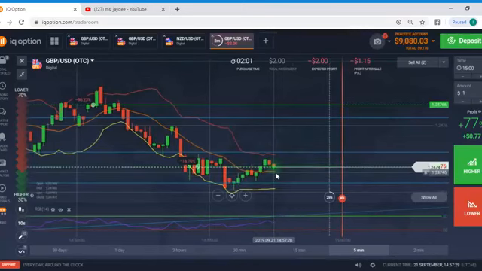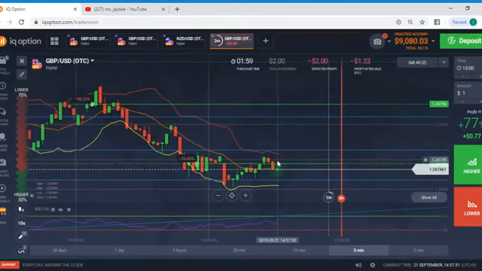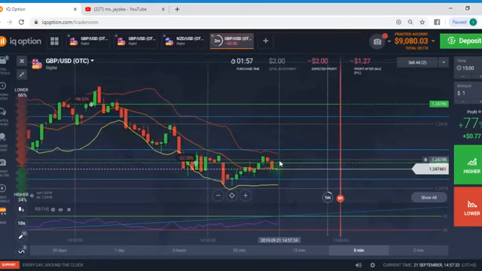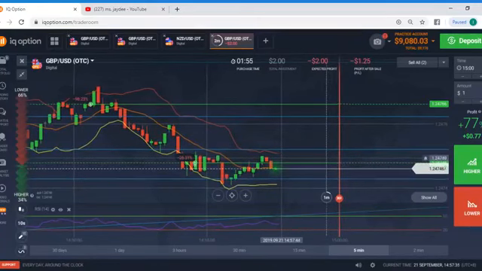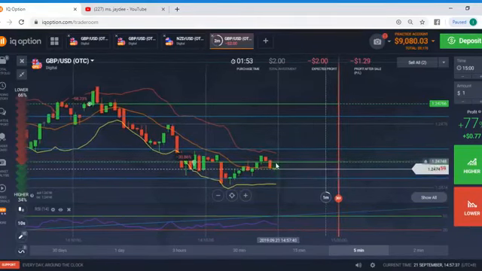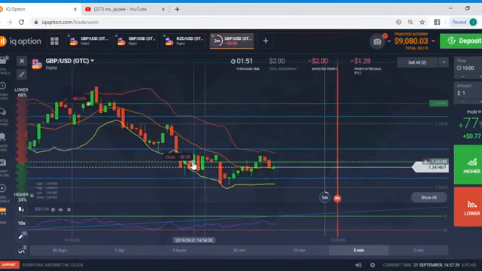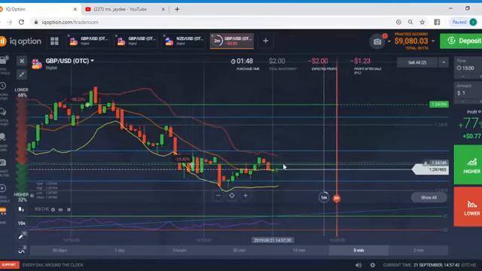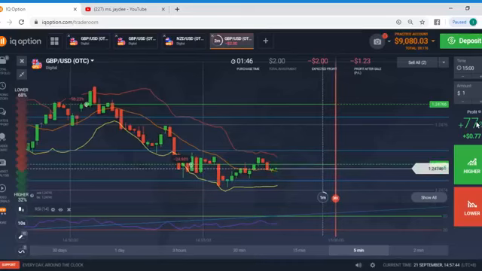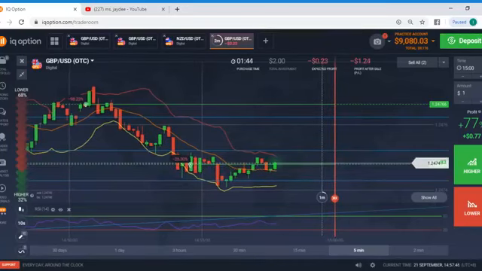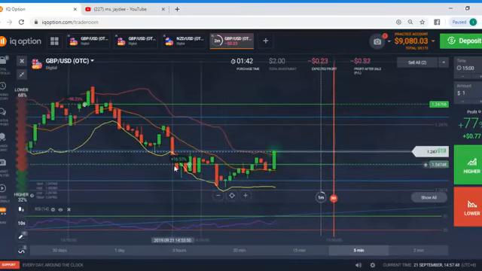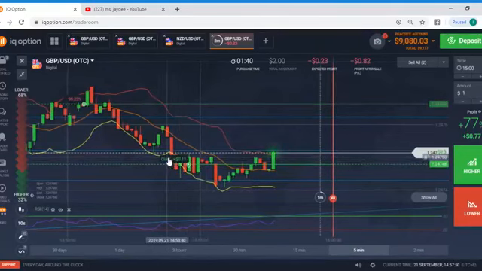But with options trading, even if the price is really, really close to your entry price and it goes in your direction, right away it will give you 77%. Okay, right, like that.